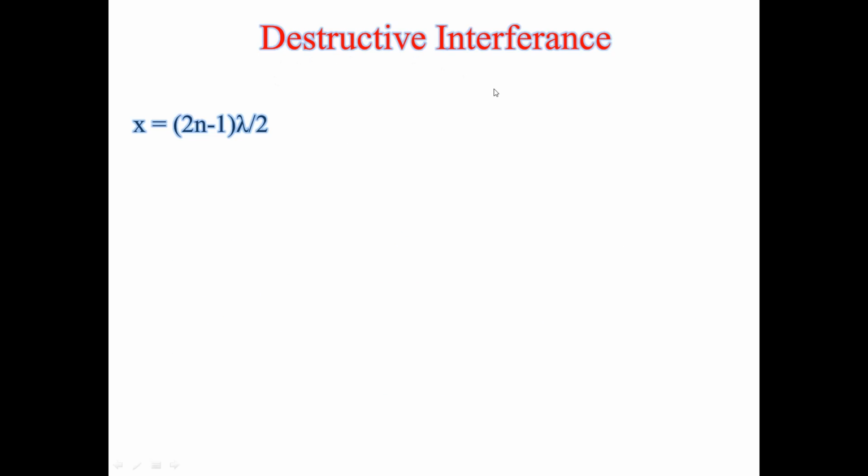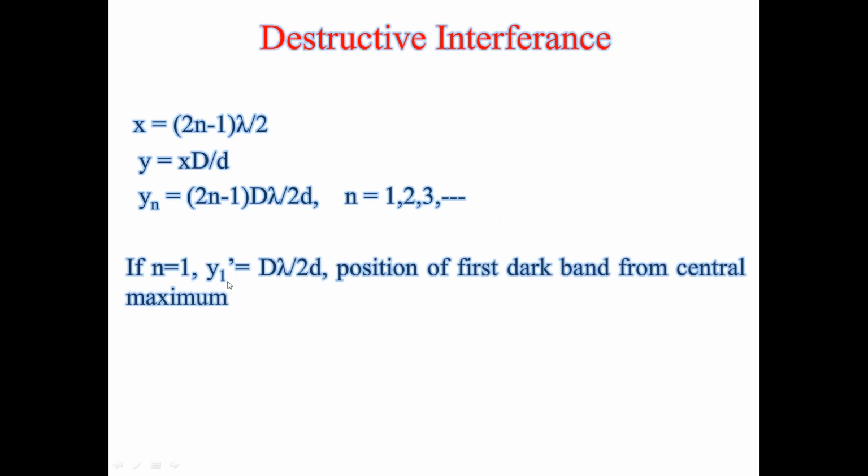Now, let us apply the condition for destructive interference. For destructive interference, x is equal to (2n minus 1) lambda by 2. So, let us substitute in the equation y equals x D by small d, yn is equal to (2n minus 1) D lambda by 2 small d, where n equals 1, 2, 3, etc. If n equals 1, y1 dash is equal to D lambda by 2d, position of first dark band from central maximum.